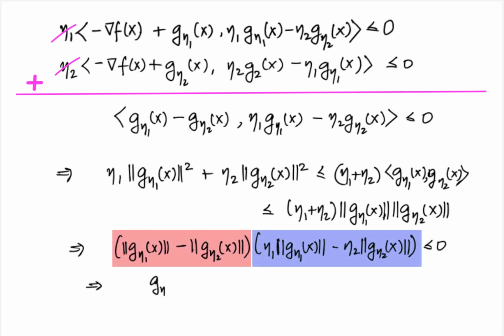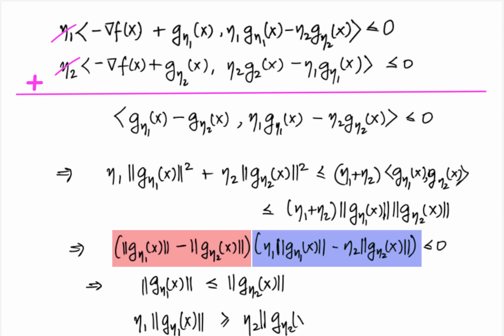That is, norm of g eta 1 of x is less than or equal to norm of g eta 2 of x, and eta 1 norm of g eta 1 of x is greater than or equal to eta 2 norm of g eta 2 of x, for the case when eta 1 is greater than eta 2. So in summary, we have proved that norm of g eta is a decreasing function of eta, but eta times norm of g eta is an increasing function of eta.